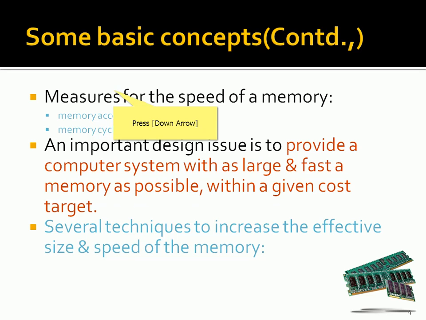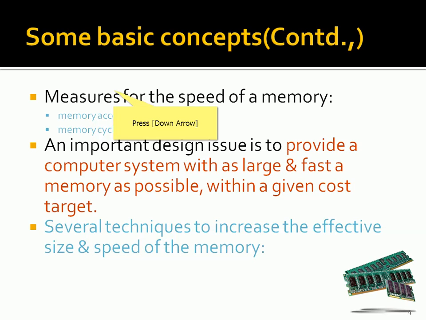As we discussed, the processor has registers, which are basically flip-flops and inherently fast. Whereas memory is an electromechanical device, which may be inherently slow compared to the CPU registers.